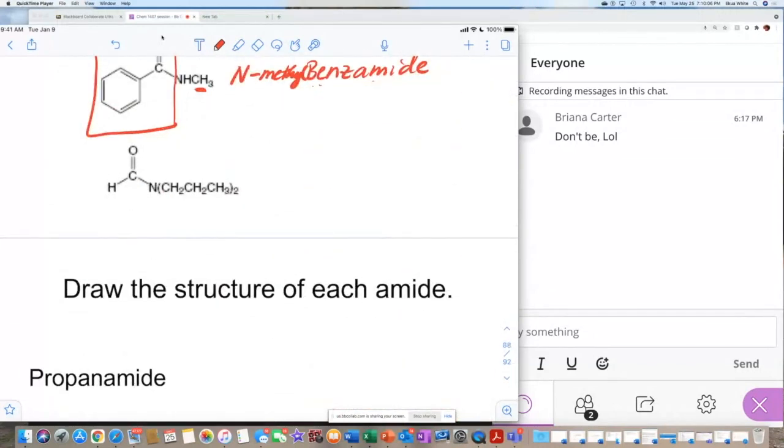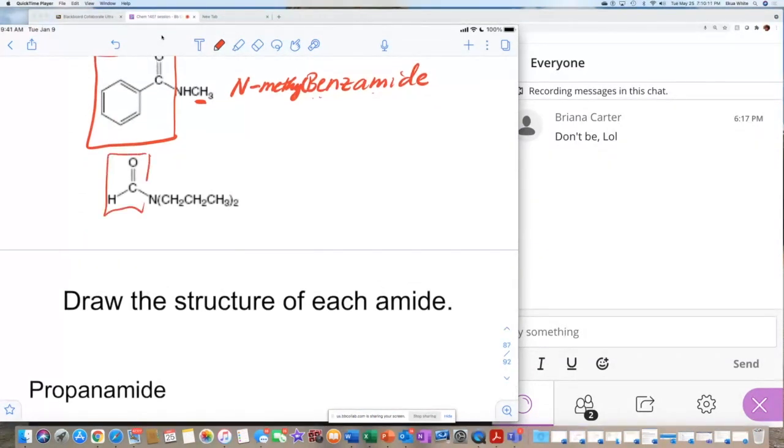This last one here, again, this short group comes from formic acid. So replace ic acid with amide, so it becomes formamide. That becomes the name of this part.